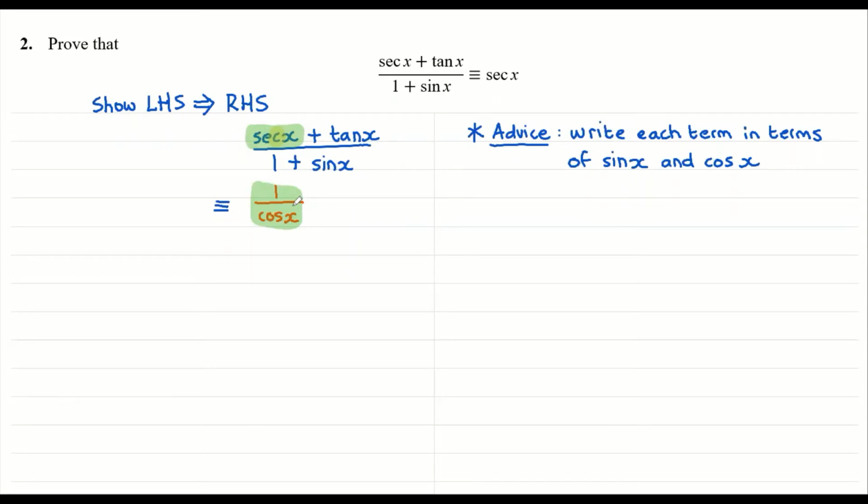And now we're adding the tan x. Now tan, remember, the result from last year, is sine over cos. So we'll write that in, that's sine x over cos x. So we have some correspondence here. So the tan x has now been substituted for sine x over cos x. And in the denominator, we can keep that as it is. We don't need to use anything complicated with the 1. We'll just leave that for now.